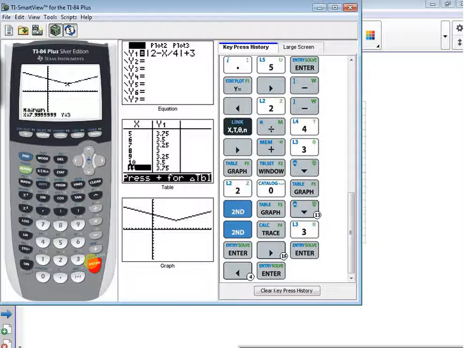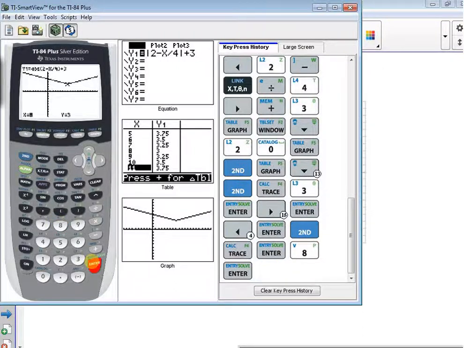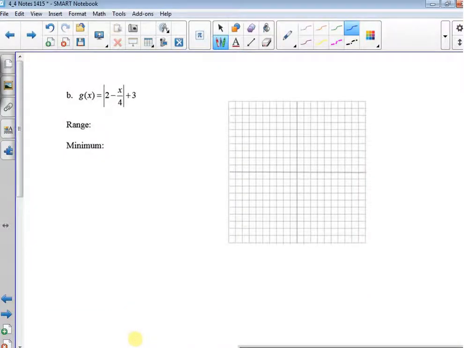And again, that minimum comes up as 7.99, y equals 3. Yours might say something a little different, but verifying second trace value, x is, I think it's 8, 3, and it is. Okay, so now I'm ready to go back and graph it.